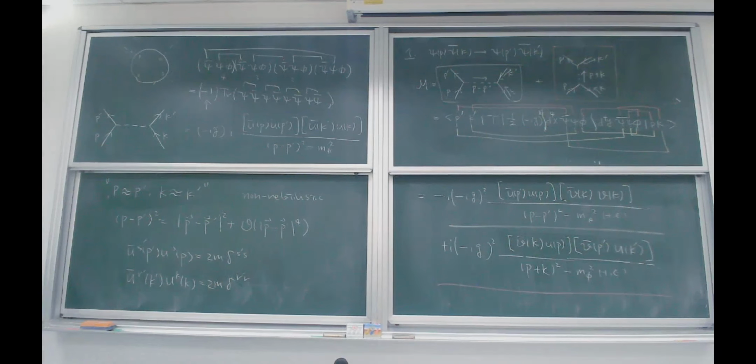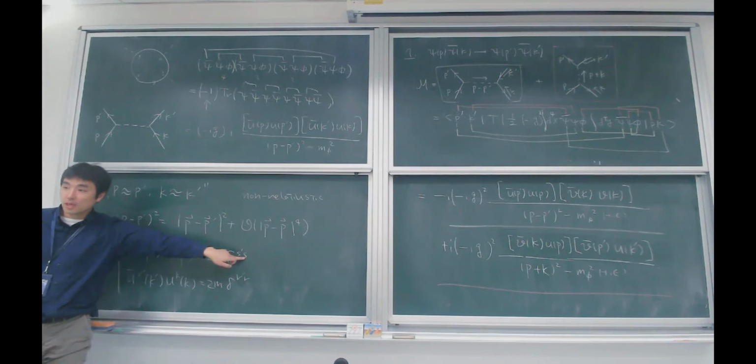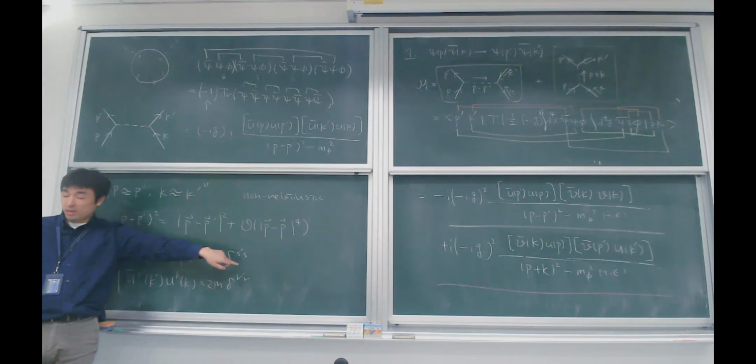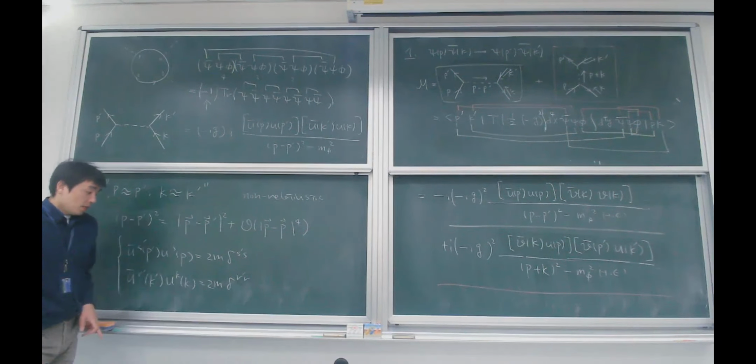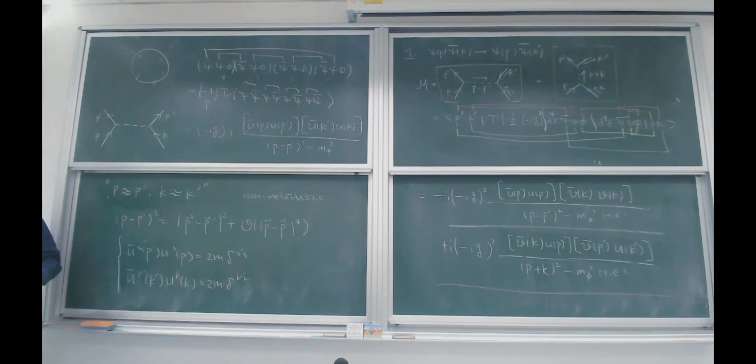So therefore, if you assume p prime is almost p, you can impose this one. Therefore, the spin polarization should be the same from initial states to final states, p and p prime. That is what it means. S prime and s should be the same in the non-relativistic limit, and r prime and r should be the same. Spin doesn't change.